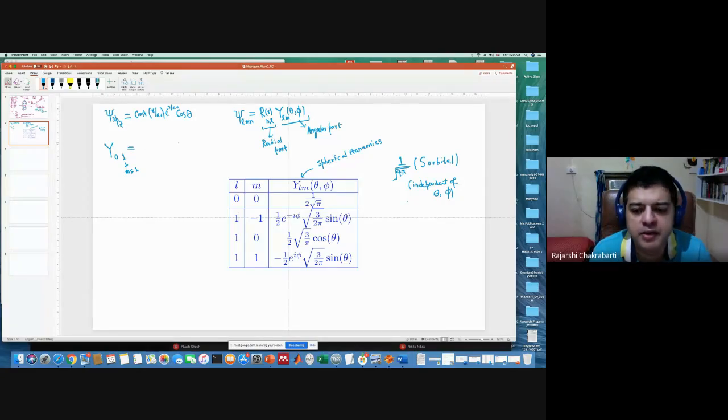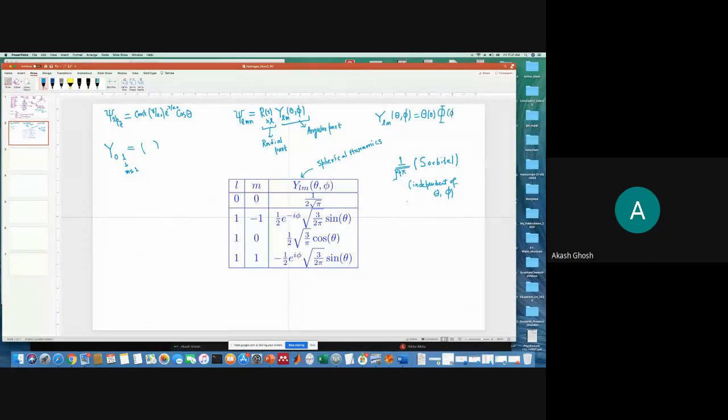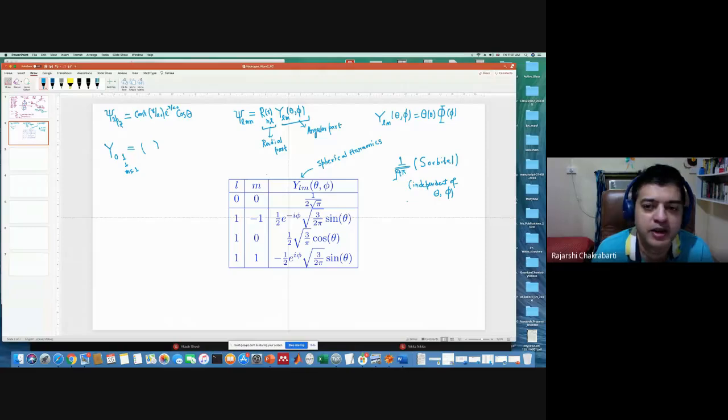Now you may not remember what is the value, some constant, but you remember what is Y? How many of you remember the structure of Y? It has theta part and phi part. You remember this? Okay, this is fine.